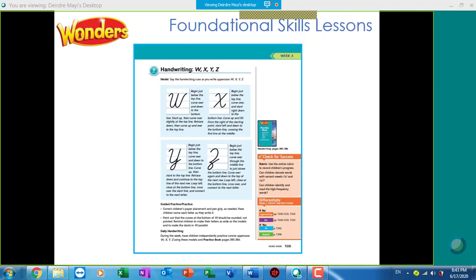Handwriting is an important part of foundational skills. So you will, of course, see practice for handwriting. Now, I'm sure that many of you are noticing that the handwriting on the screen is cursive handwriting.